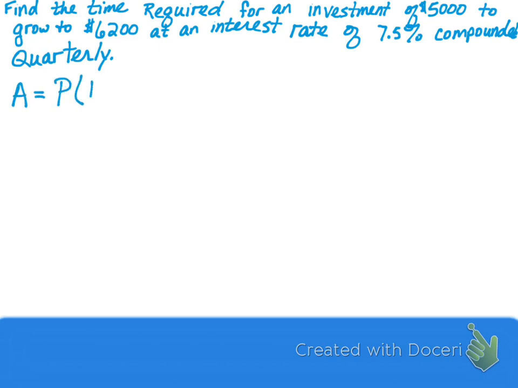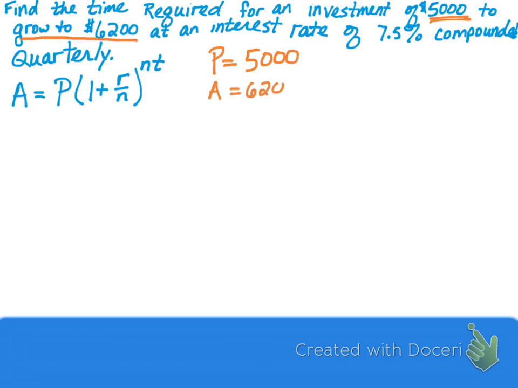So we are using the formula A equals P times 1 plus r over n to the nt power. 5,000 is my initial investment. It's growing to 6,200, so that's going to be the value of A. r is 7.5% or 0.075.